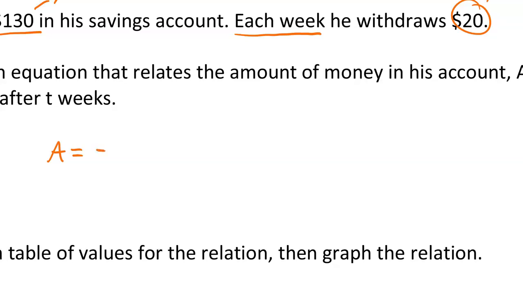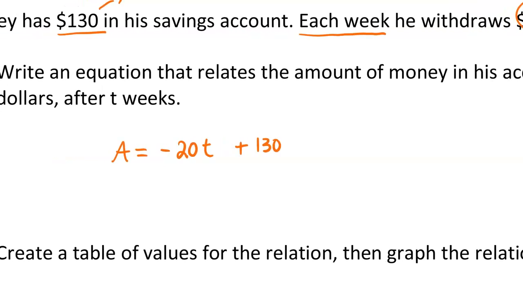So you are taking out $20 every week, which will be a T in this situation, plus $130 because that's how much Jeffrey had at the start of this. So he has $130 every week. He is withdrawing, so taking out $20 from his account, and it's going to decrease how much money he has left in his bank account.